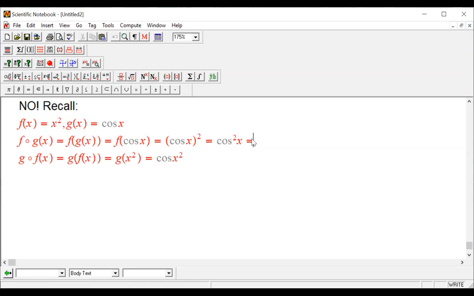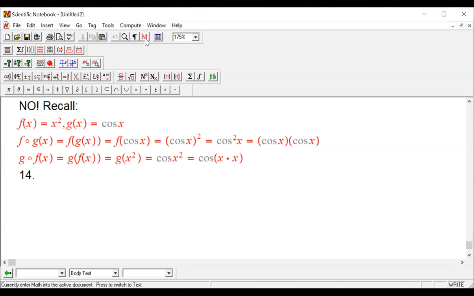If you look at the difference, the former is cosine x multiplied by cosine x. The latter is cosine of x squared. So of course they're different. So be very careful.